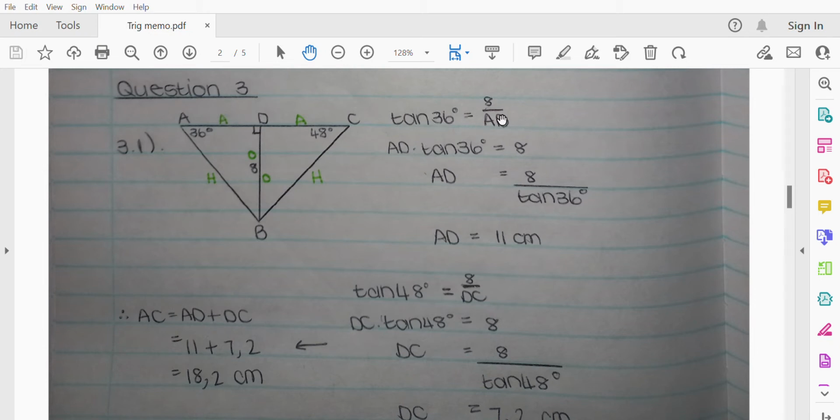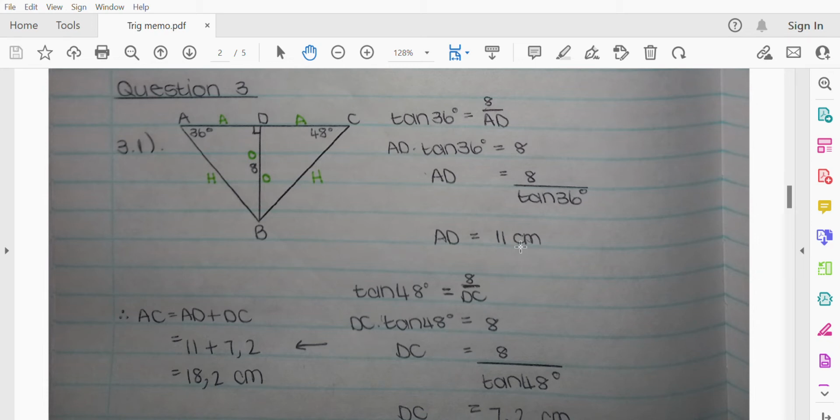Okay, and then get rid of the AD, so I'm going to multiply it with the tan 36. Maar ek soek vir AD alleen. So daai tan 36 vat ek dan oor, dan raak dit 8 gedeel deur tan 36. If I put that into my calculator, I'm going to get 11 centimeters.